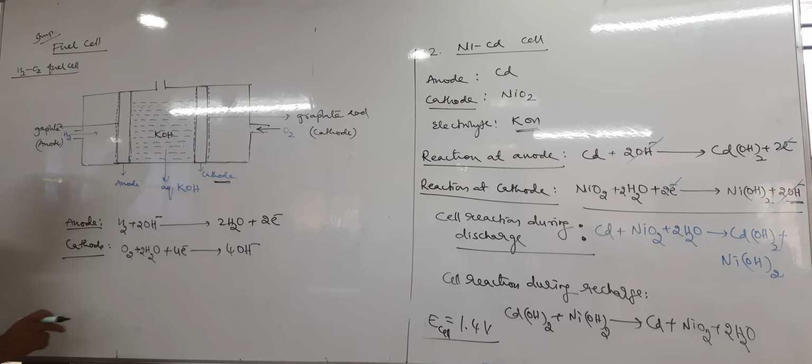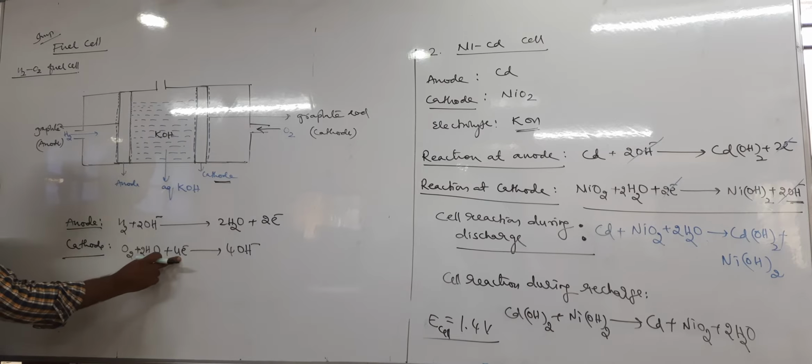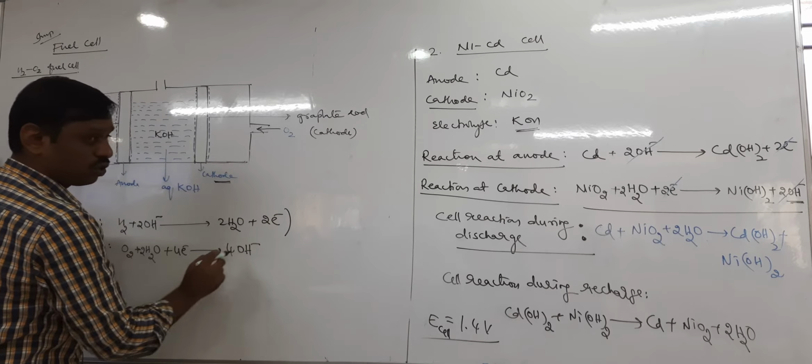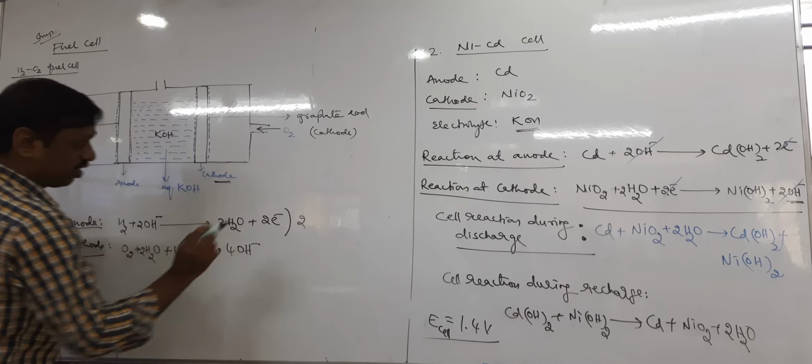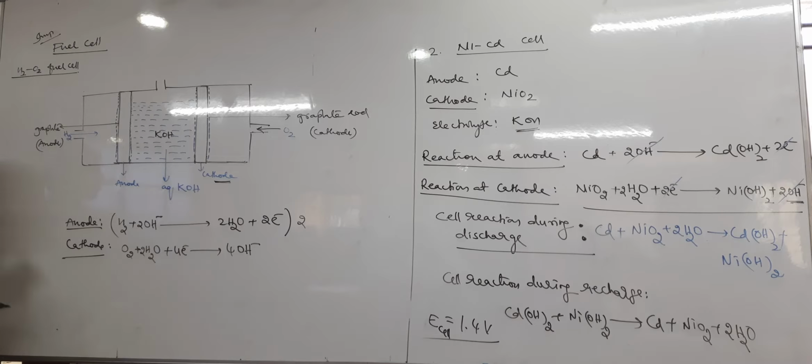In reduction 4 electrons are gained, and in oxidation 2 electrons are lost. Therefore, multiply the first equation by 2.